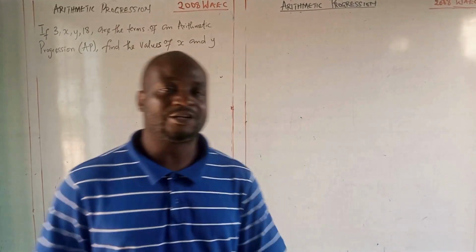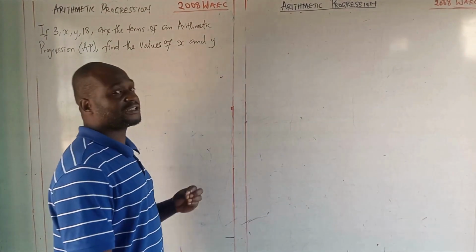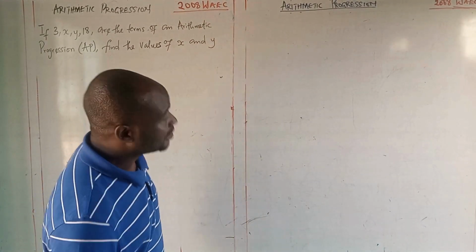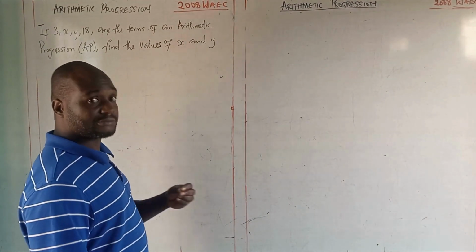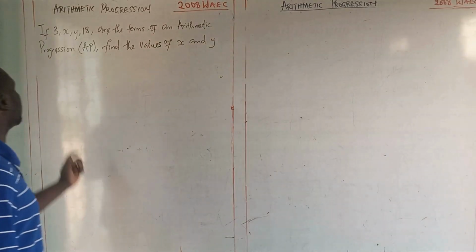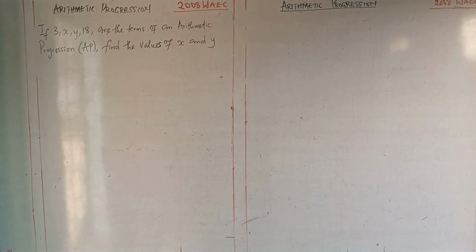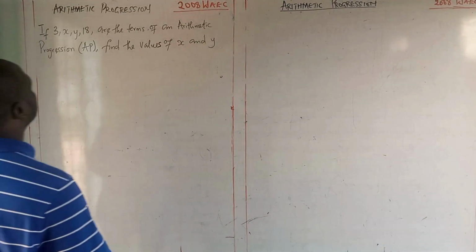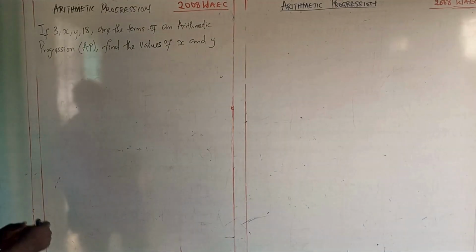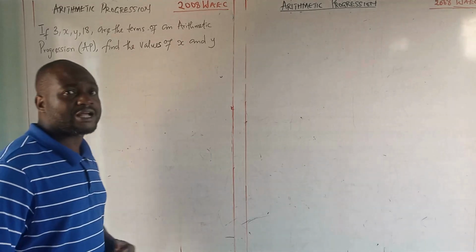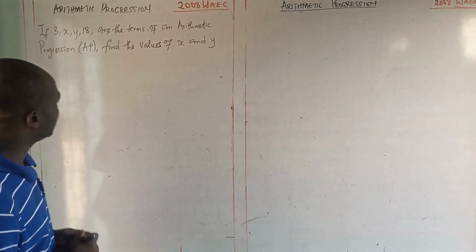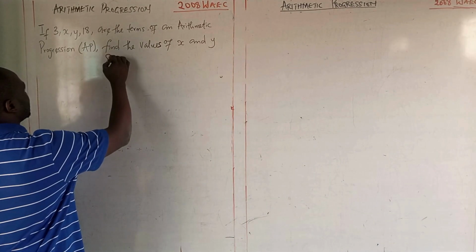Right, let's look at another question on arithmetic progression. This is a bit special, a bit different from the normal ones we've been doing, which is: if 3, x, y, and 18 are the terms of an arithmetic progression, AP, find the values of x and y. Now, solution.